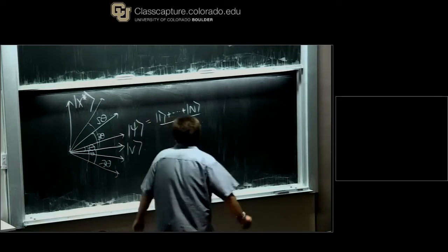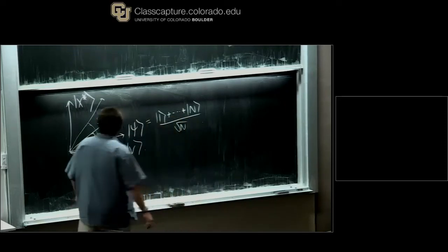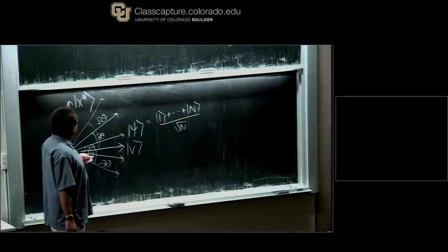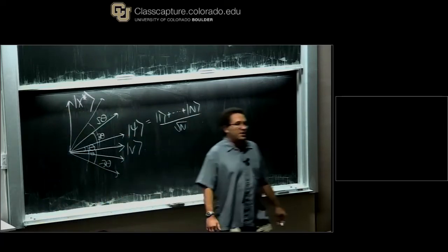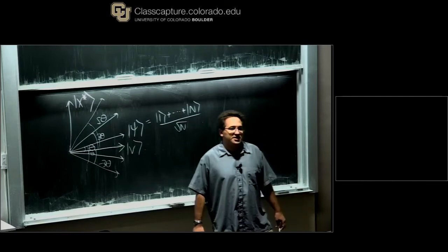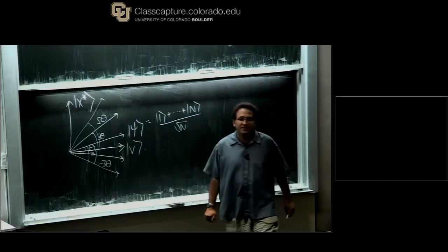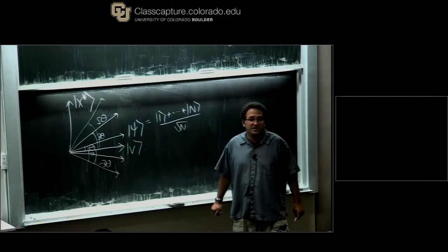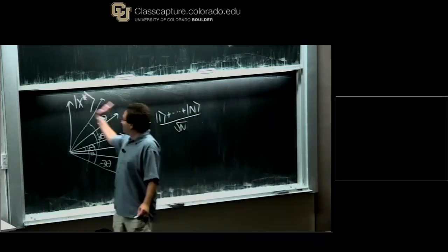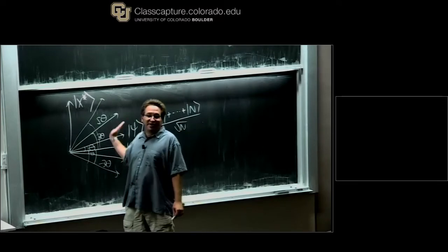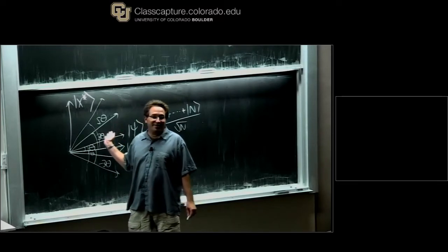Here's another question. What if I continue running the algorithm for more than pi over 4 square root of n iterations? Then what's going to happen? Stay the same? No. The thing is, this is unitary evolution. It doesn't know when to stop.